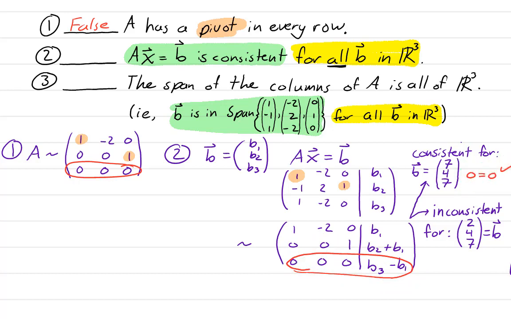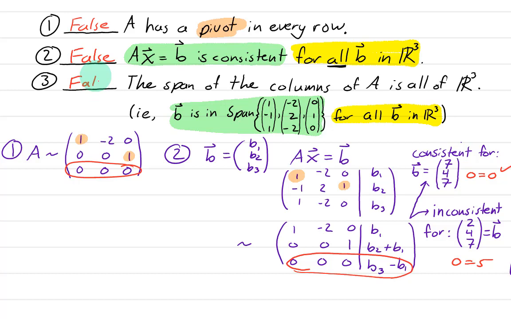Which is okay. But if you have b1 and b3 not equal to each other, then b3 minus b1 becomes something not 0. So this last equation becomes 0 = 5, which makes the whole thing have no solution. So to answer the question, is Ax = b consistent for every vector b in R3? No. For example, this one.